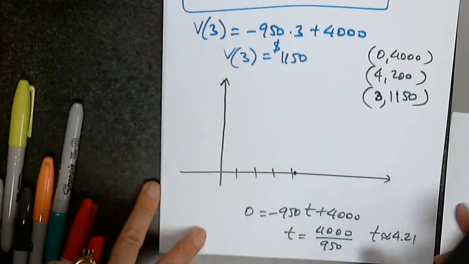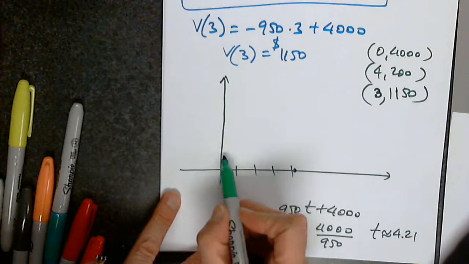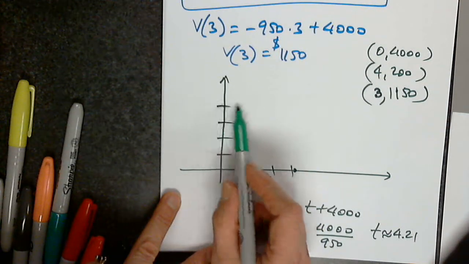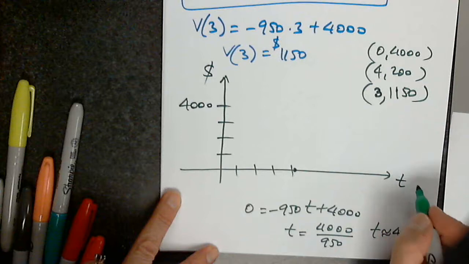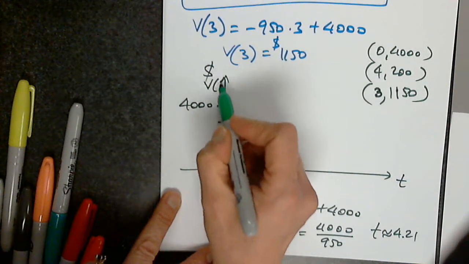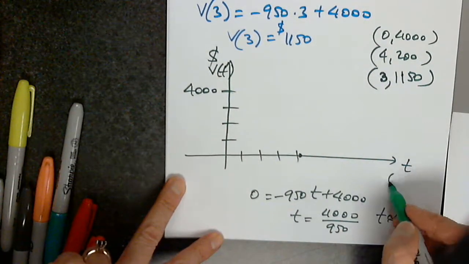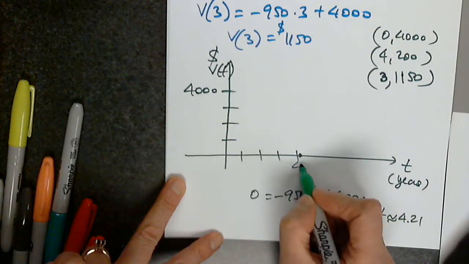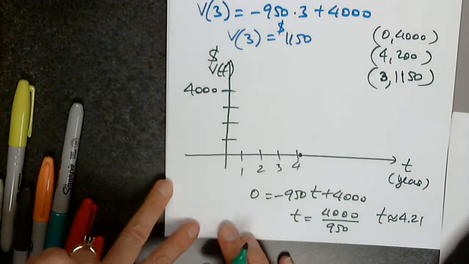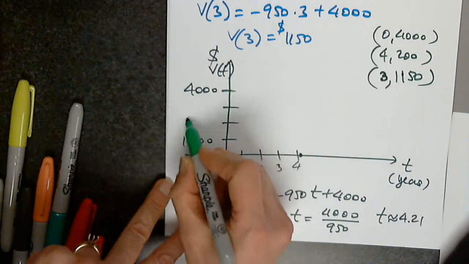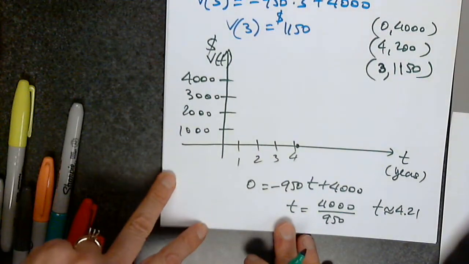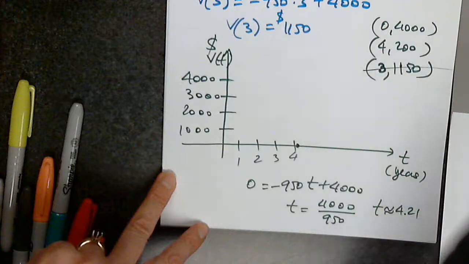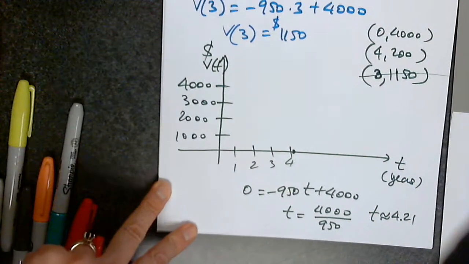Then I have 0, 4,000. I'm going to say 1,000, 2, 3, 4. So this is the V of t in dollars, and this is time in years. 1,000, 2,000, 3,000. That's all I need. I don't even need to plot that point.